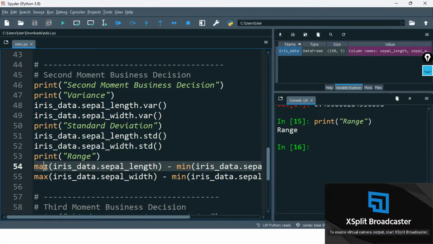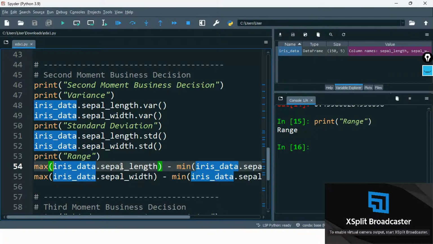We discussed max and min functions under the functions topic. If you remember, max function will return the maximum value, min function will return the minimum value of data, right? So what is the data that I am referring to? I am referring to the sepal length column, which is present in iris data, a data frame.